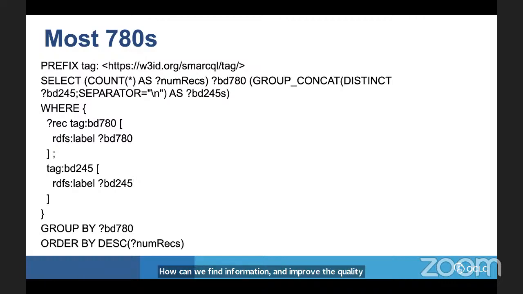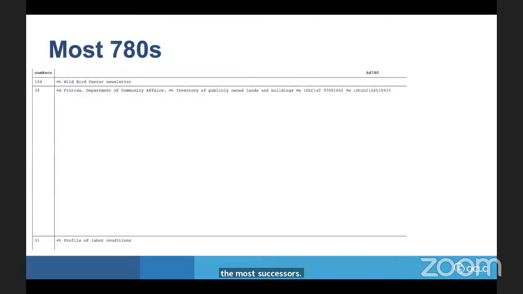Another riff off that is which ones have the most successors. So this query does that. I don't know why this particular Wild Bird Center is cataloged this way, but it has a lot of newsletters, and they've all been cataloged individually by store, essentially.